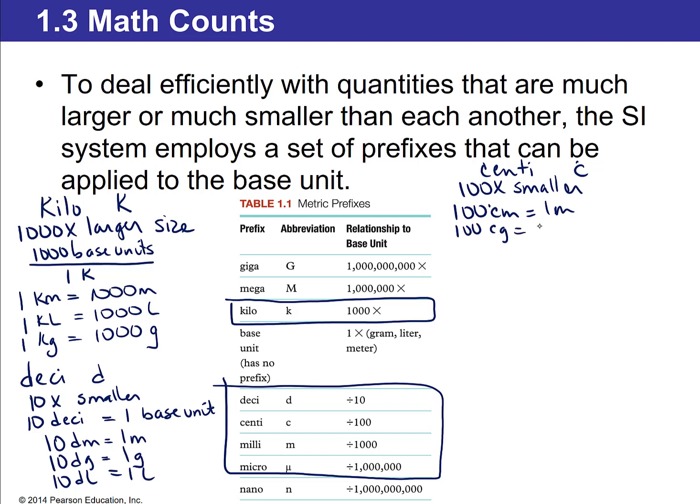100 centigrams is 1 gram. 100 centiliters is 1 liter. A 100 centi makes a base unit. So it doesn't matter if you're talking about mass, volume, or length. Still, you can use the exact same value.